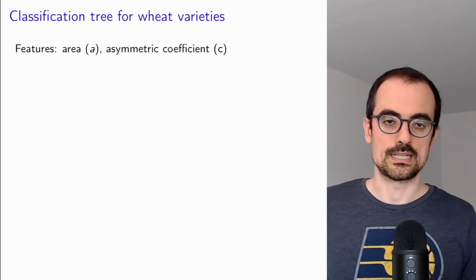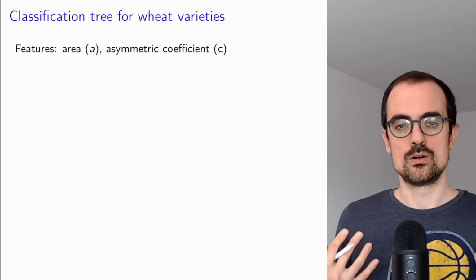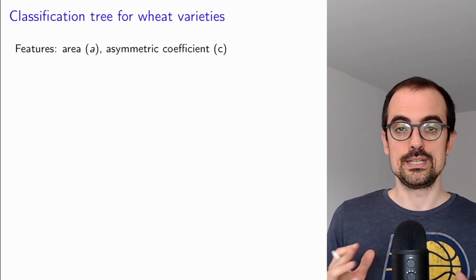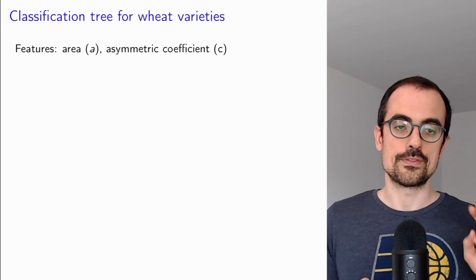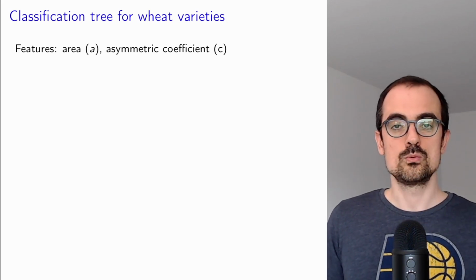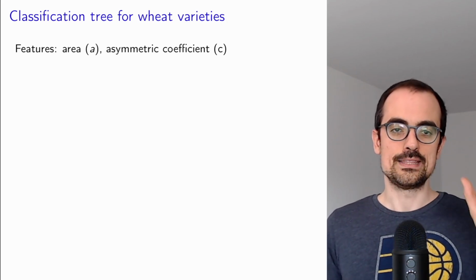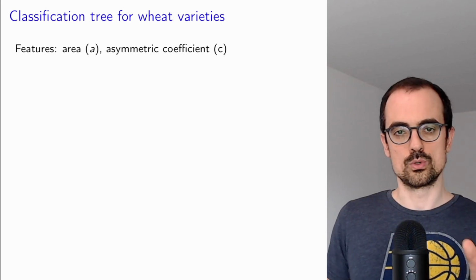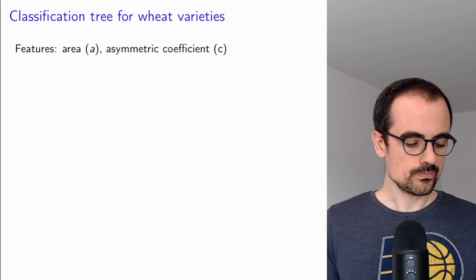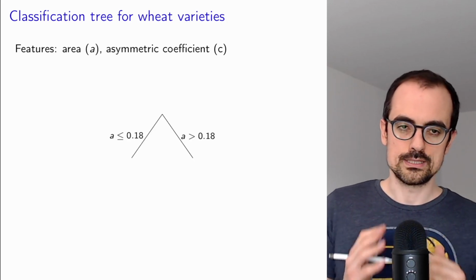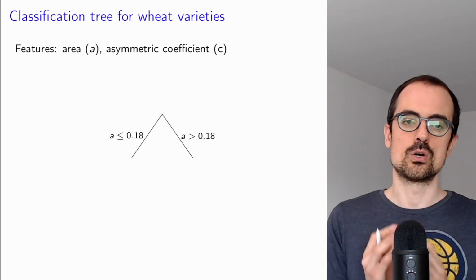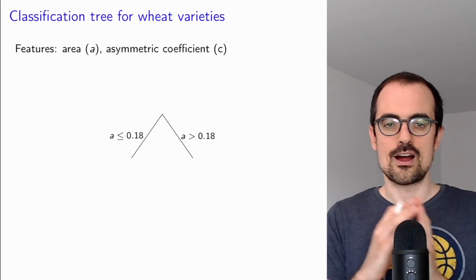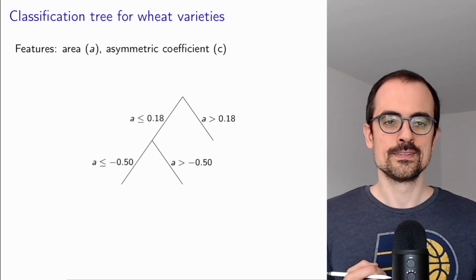Okay, so let's take a look at how that looks for our wheat varieties. This is a tree that was learned directly from the data that I showed you before. Remember that there are two features, the area, which we're going to denote by A, and the asymmetric coefficient, which we're going to denote by C. So our tree is going to partition the whole feature space according to whether A is smaller than 0.18 or larger than 0.18.